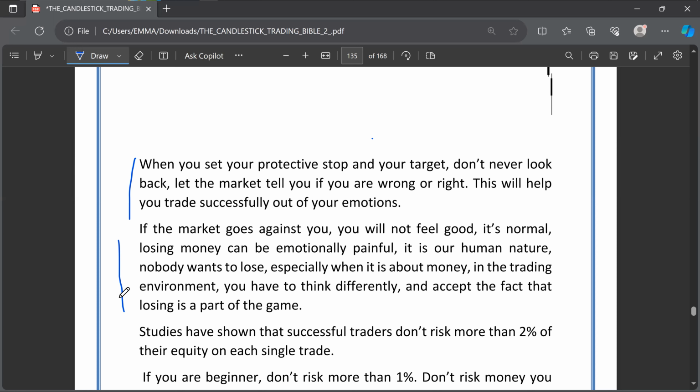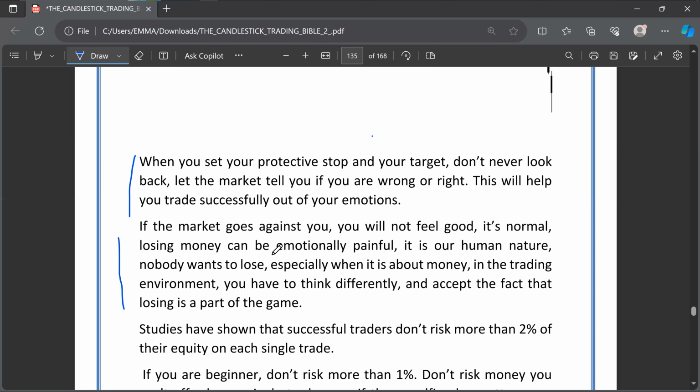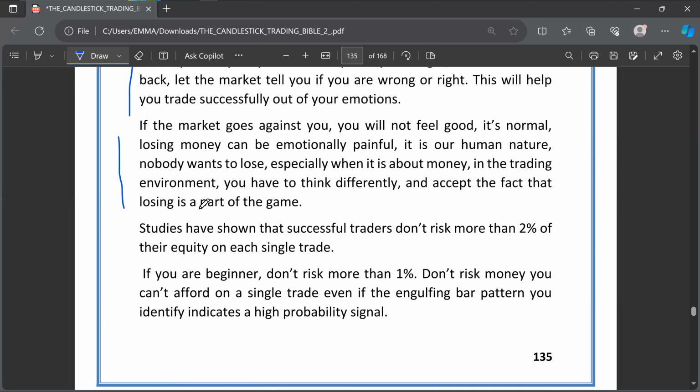In the trading environment, you have to think differently and accept the fact that losing is part of the game, right? It's one of the things that many traders, especially amateurs or intermediate students like you, fail to accept. You will lose some trades and you gain some trades.